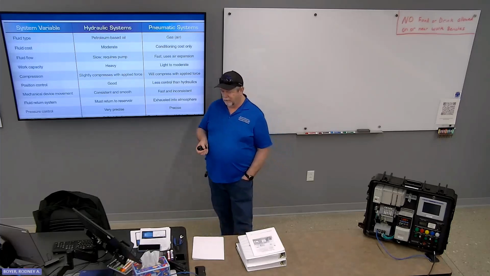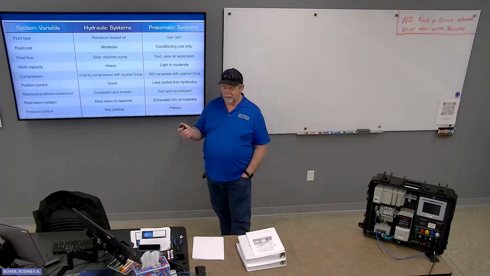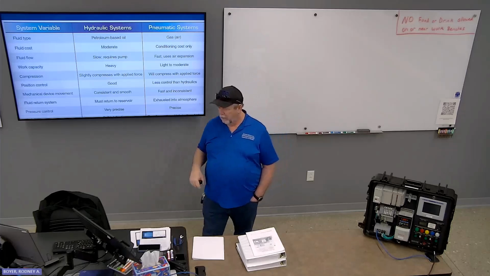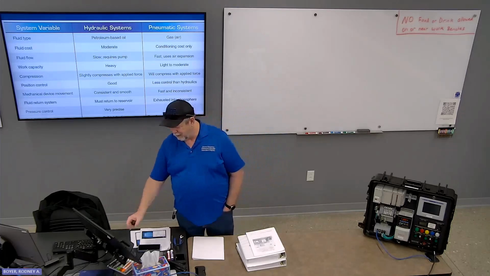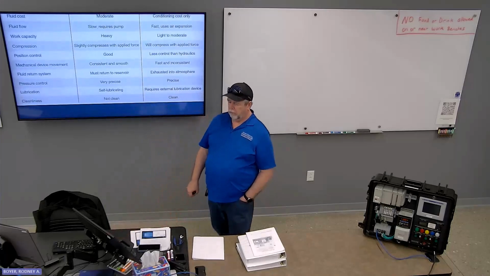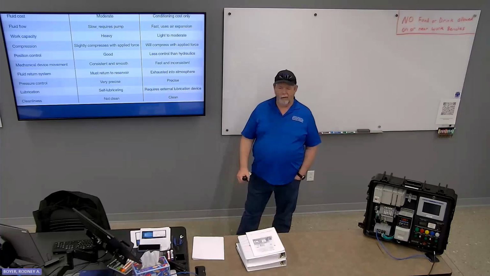Fluid return system: you have to recollect the hydraulic system oil in a reservoir so you can circulate it back through again. And the pneumatic system, it is just exhausted into the atmosphere. Lubricating: oil is self-lubricating.